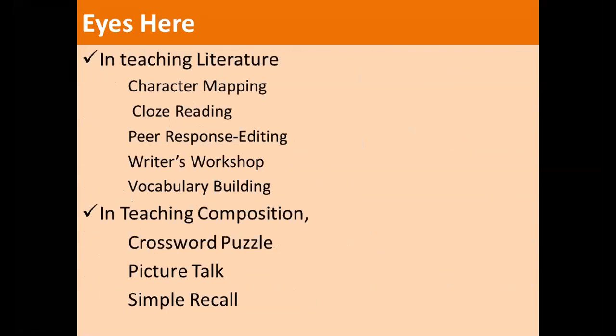If you are into composition, you may do crossword puzzle, picture talk, or simple recall. There are a lot of activities that you can use in literature and in teaching composition, but more or less, these are very common in this field.